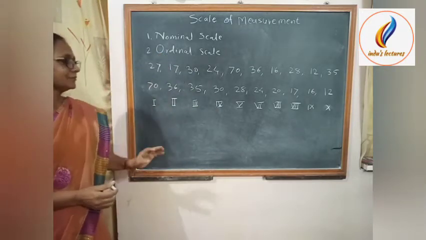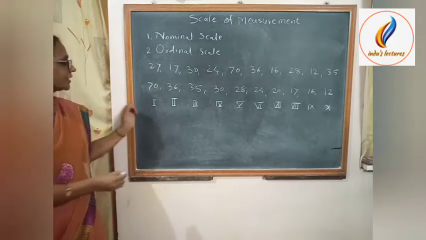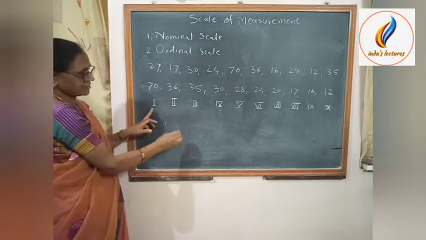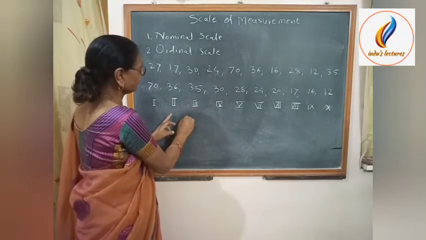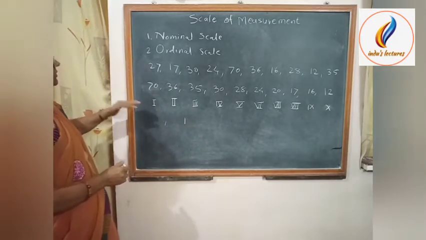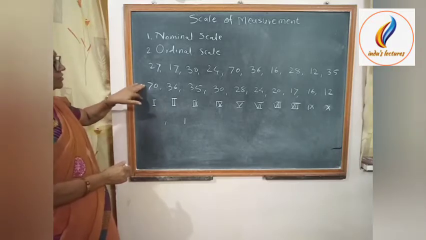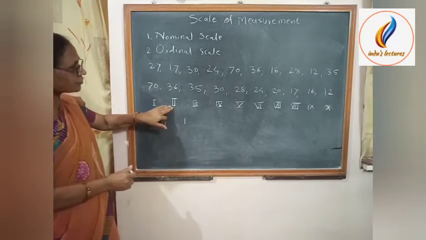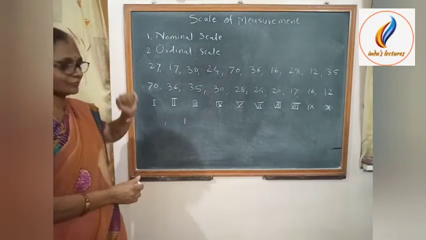In ordinal scale, the difference between neighboring ranks, say the difference between first rank and second rank, is 1. Again, the difference between second rank and third rank is 1. But in the corresponding scores, the score of the first rank holder is 70, the second rank holder's score is 36, and the third rank holder's score is 35.